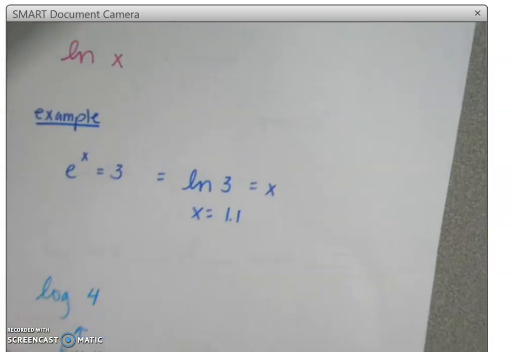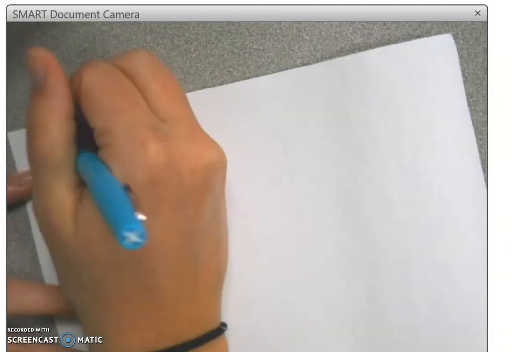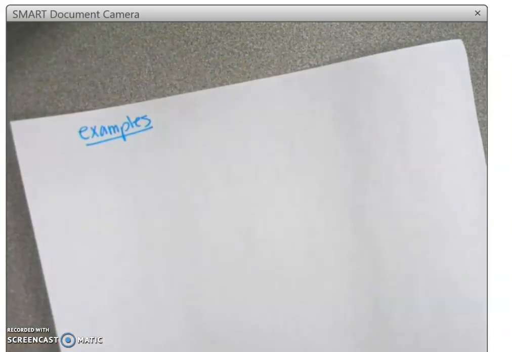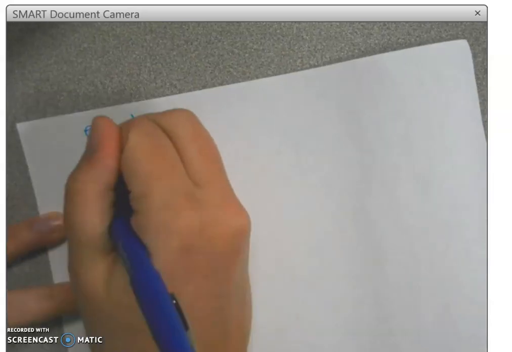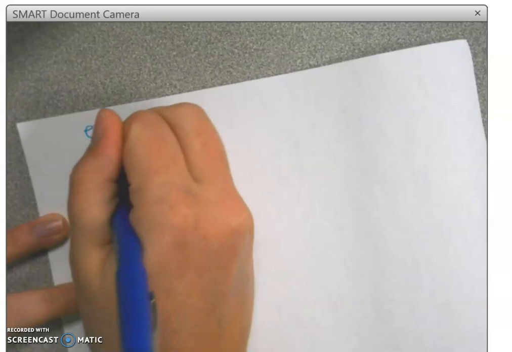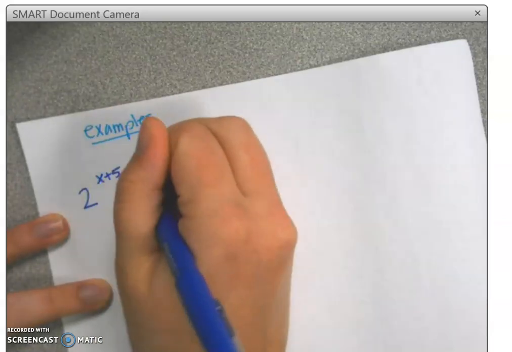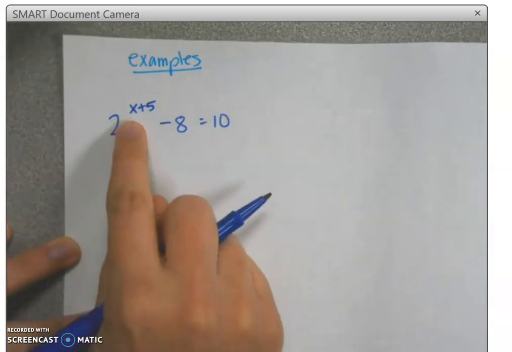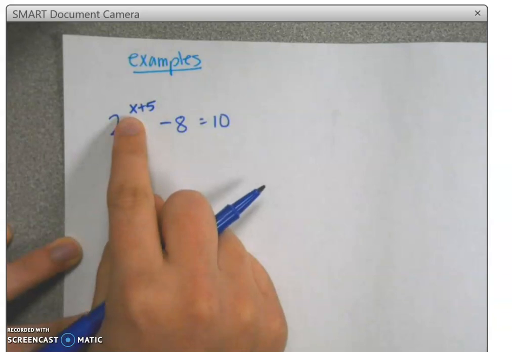All right, I want to do a couple more examples. What if you have a little bit more going on? So for example, we'll say 2 to the x plus 5 power minus 8 equals 10. In order to solve for x, I need to be able to write it as a log.